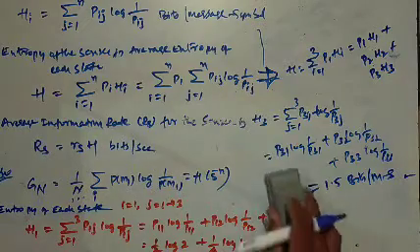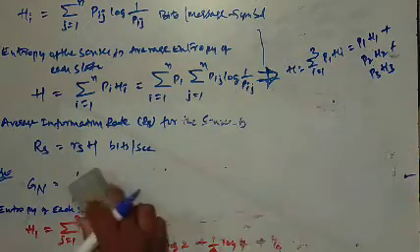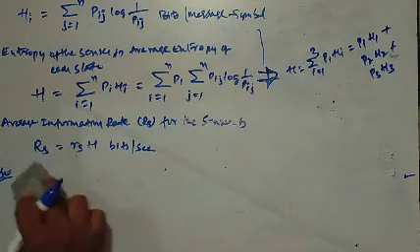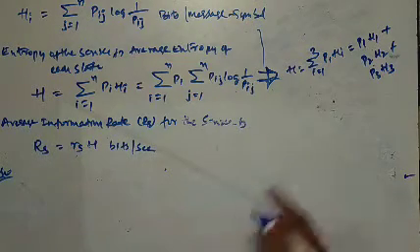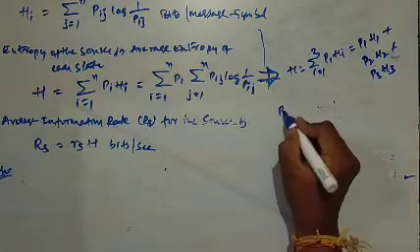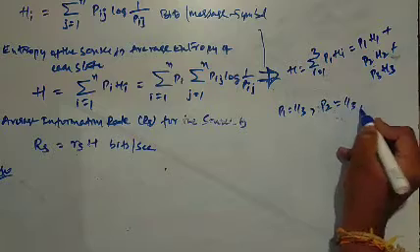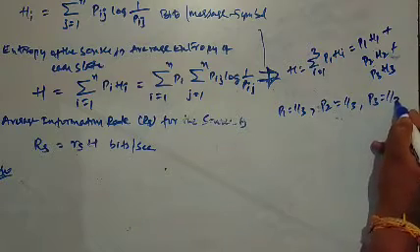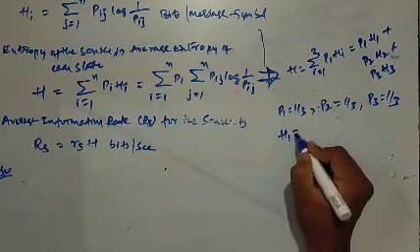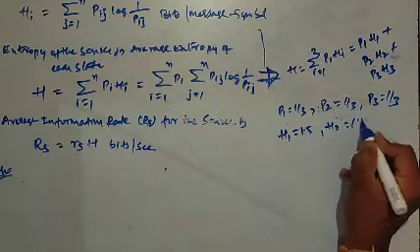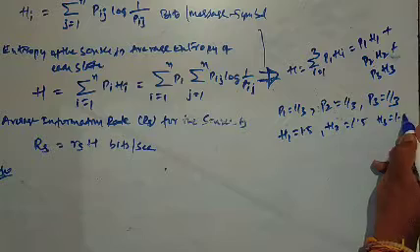I know that P1 is 1 by 3, P2 is also 1 by 3 and P3 is also 1 by 3. H1, as we just found, is 1.5, H2 is also 1.5, H3 is also 1.5.